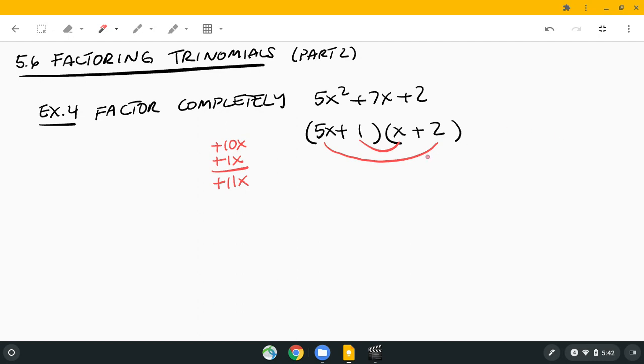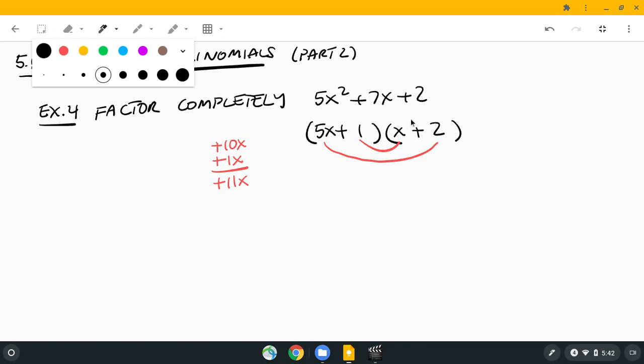What you can do is try switching the 1 and 2, putting the 2 here and the 1 here. The reason we can try that is because these are different. When these are different, you can try switching their positions.